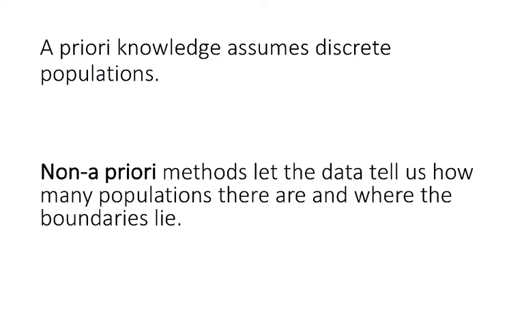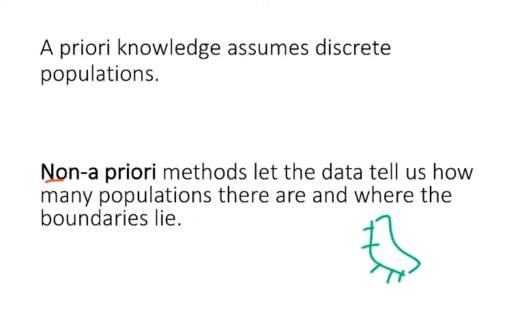In contrast, if we're using non-a priori methods, we don't have any preconceived ideas about which populations are which, but instead we're letting the data tell us how many populations there are and where the boundaries lie. So again, if we use that same California, yes, that's supposed to be California, looks like a weird shoe, what we're doing here in these non-a priori methods is just sampling individuals from all along the coastline.